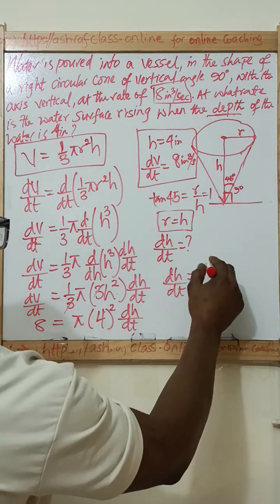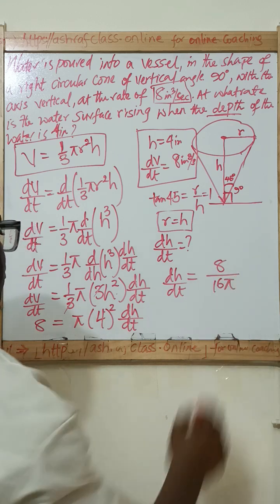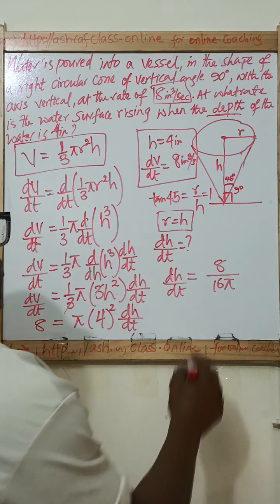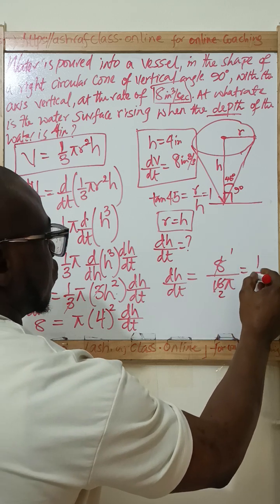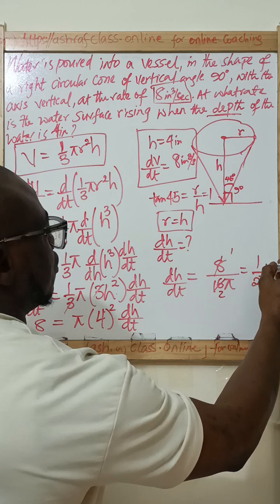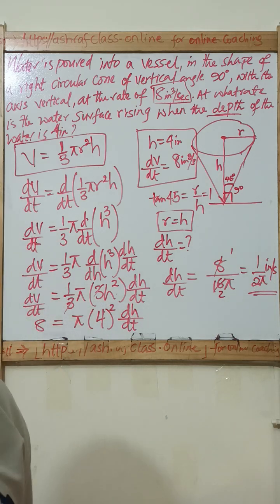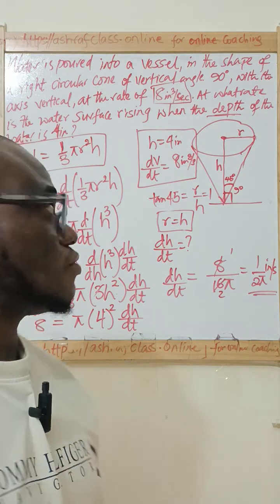It's going to be 8 over 16 pi. The 8 goes into 16, so this is 1 over 2 pi inch per second. So this is our dh/dt. That's what we had to find.